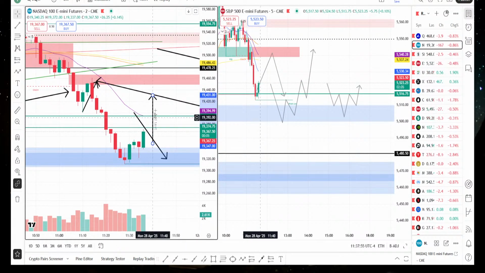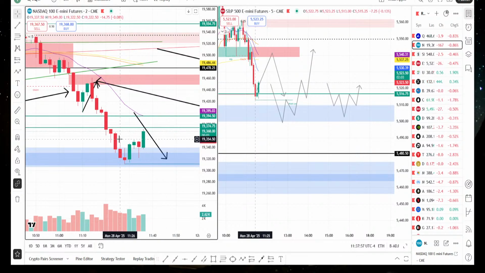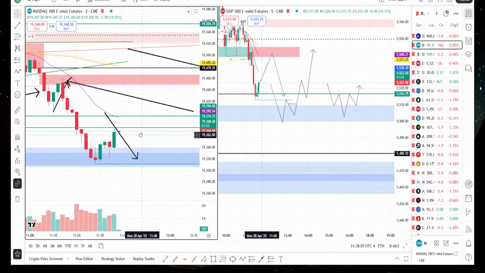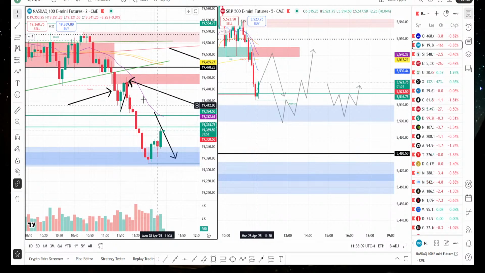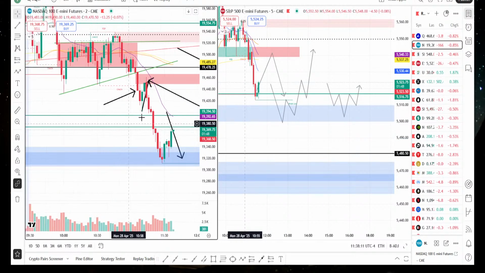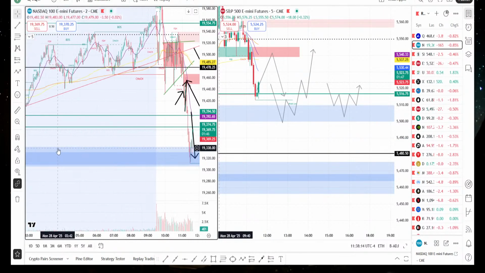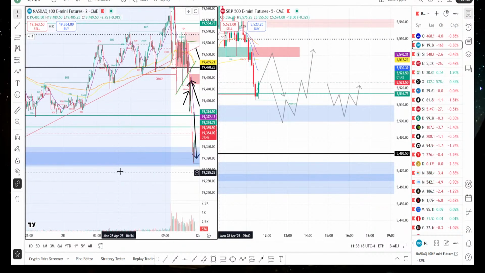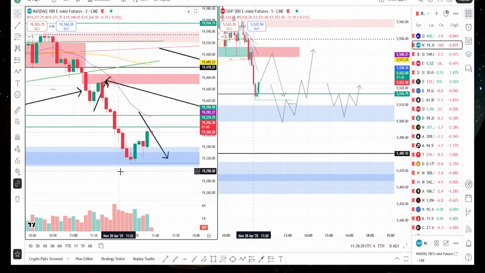When we get red candles getting smaller, momentum is weakening. Now we're getting green candles. It's just putting 2 and 2 together. Putting the candlesticks and the areas of interest, support, resistance, supply and demand, together.